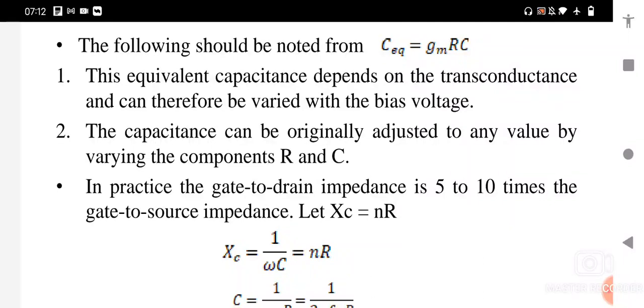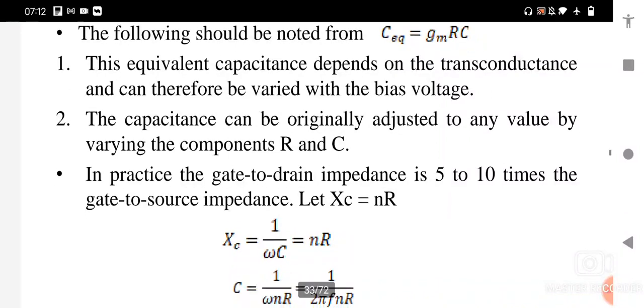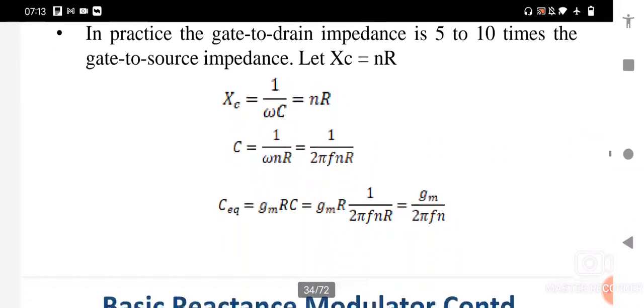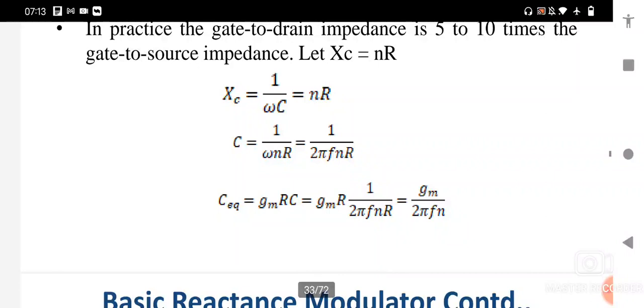So let us assume Xc is equal to N R. That means Xc is equal to 1 by omega C, which we represent as N into R. Rearranging that equation, C is equal to 1 by omega N R, that is equal to 1 by 2 pi f N R, since omega is nothing but 2 pi f.